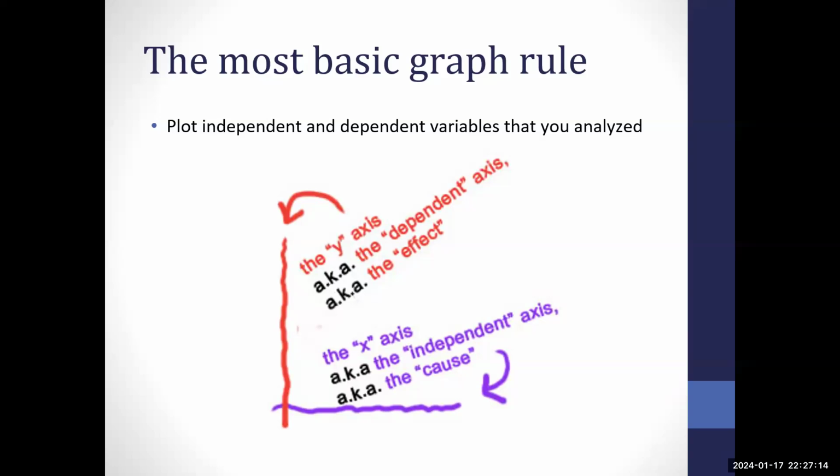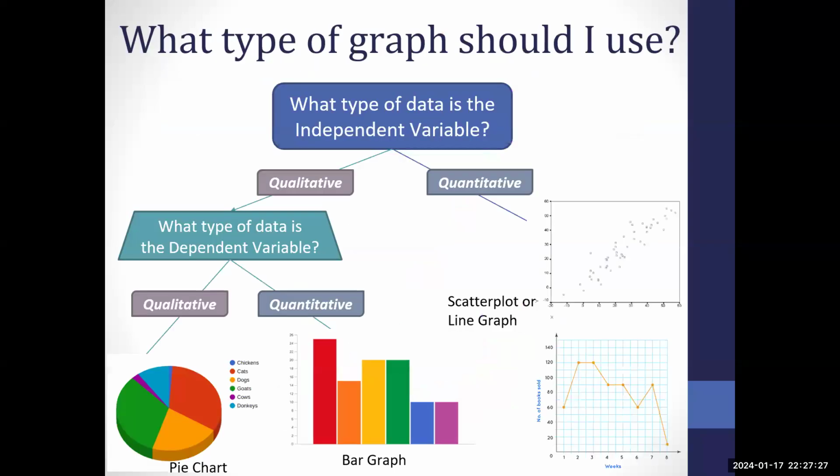So we'll talk a lot in this class about our independent and dependent variables and how we're going to actually put those within our graphing scientific visualizations. So if we're thinking about our variables, we can also think about those categories of data that I just described, qualitative versus quantitative, and that helps us determine the type of graph we're going to make.